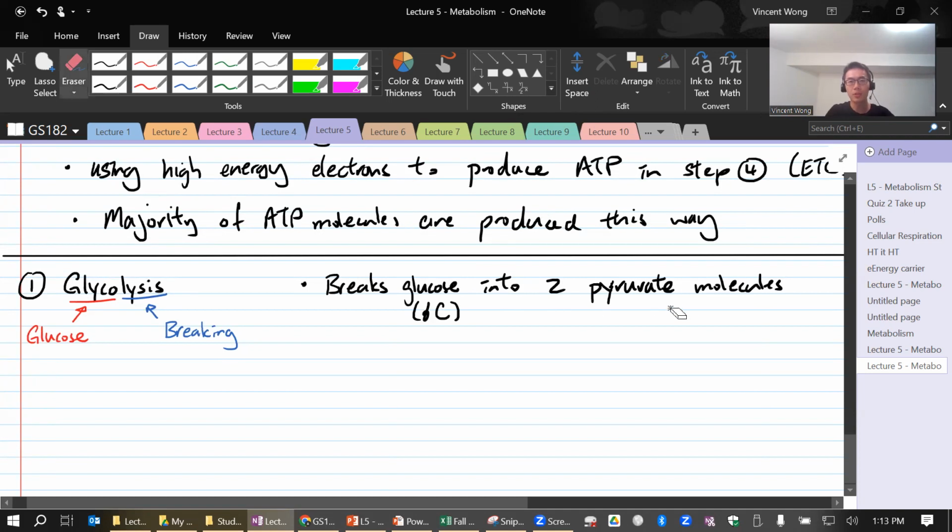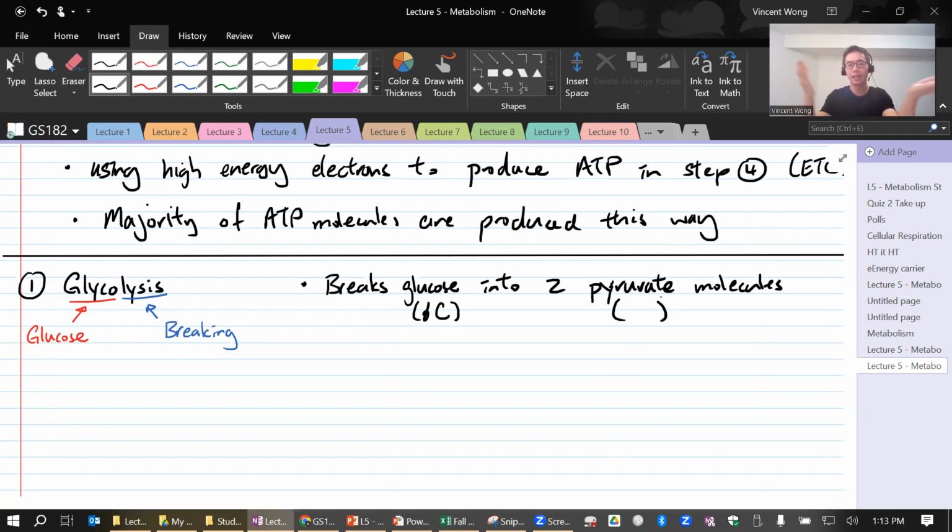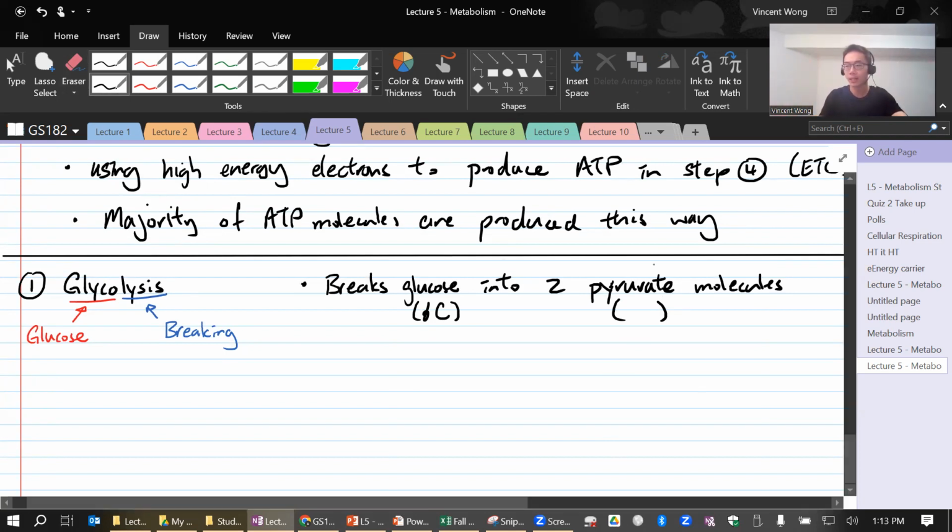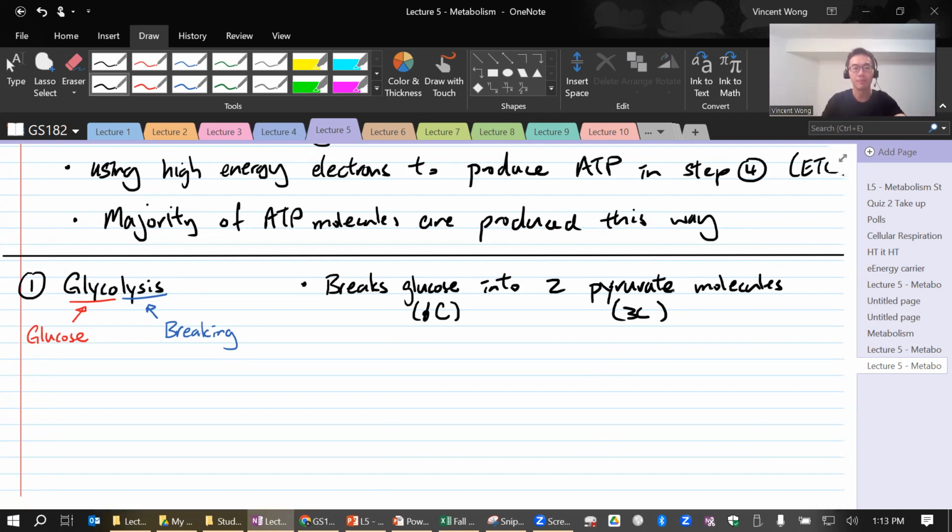If you split it into 2 pyruvate, how many carbon does each pyruvate have? You take glucose 6 and break it in half. That's right, 3 carbons. Good. So keep those in mind. We're going to keep track of them.